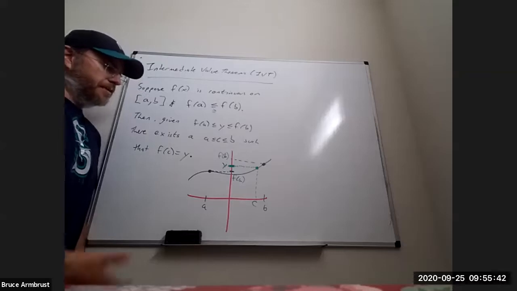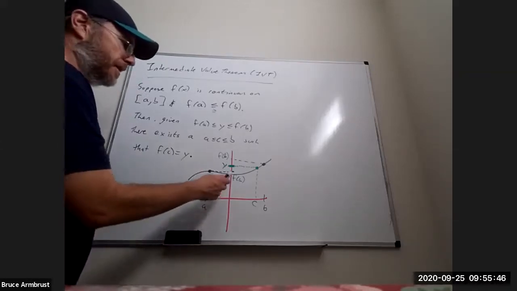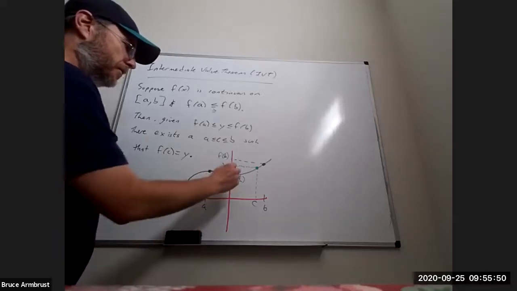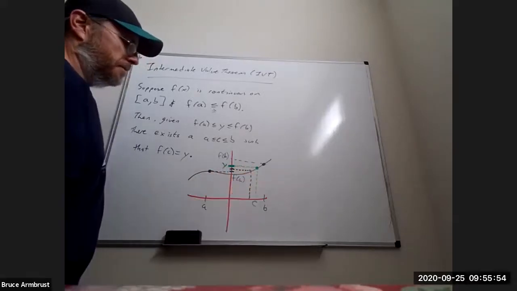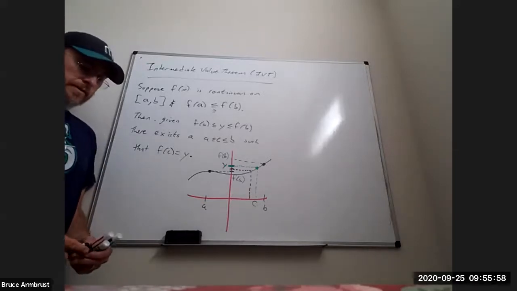So what if we were to lower it, or go higher? Let's say we get a smaller y, go with this black one. Well, that's a different C, but that C is still somewhere in our interval.